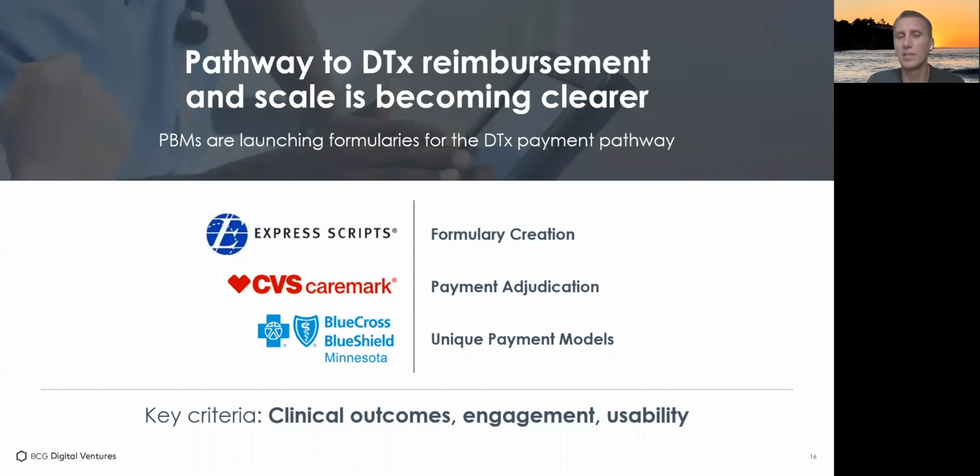But the key is really clinical outcomes. A lot of times what we're seeing on the payer side is that they are looking for more or different clinical data than what's being provided to the FDA. They want to see value. And I think long-term, we imagine that this could go towards more of a value-based care model from where it is today.